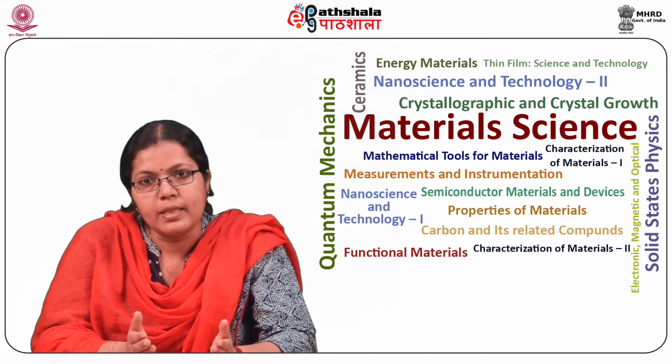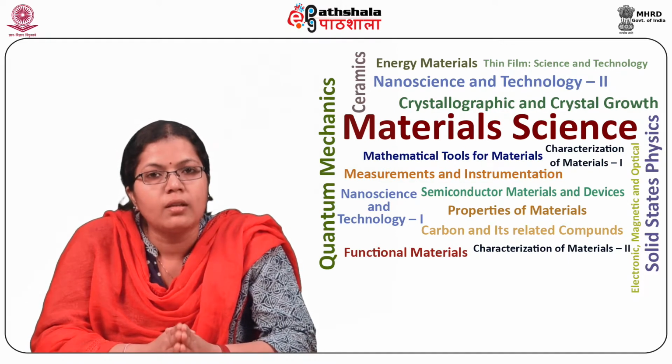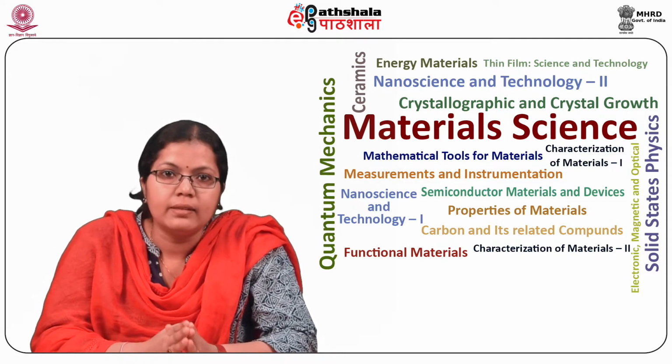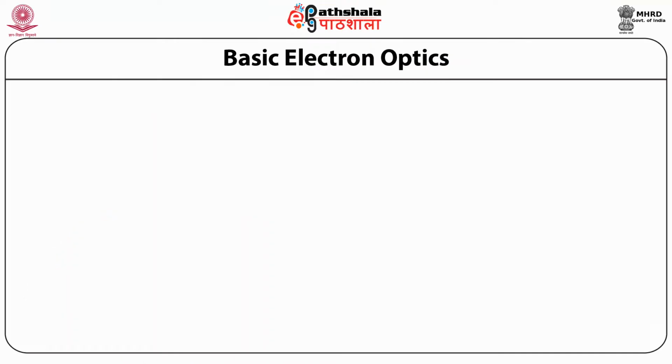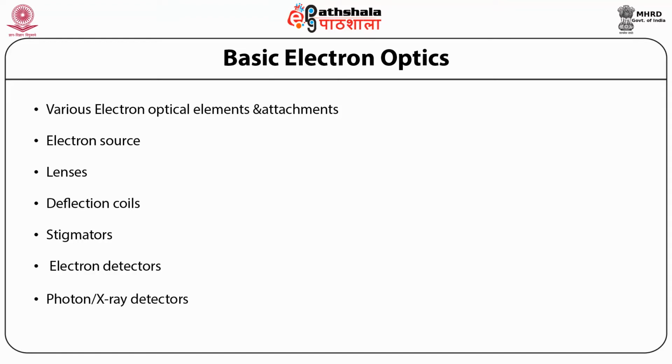All these components are maintained at high vacuum levels, the value in the upper part of the column being greater than in the specimen chamber. Students, the electron optical elements and attachments are electron source, lenses, deflection coils, stigmators, electron detectors, and photon or X-ray detectors.